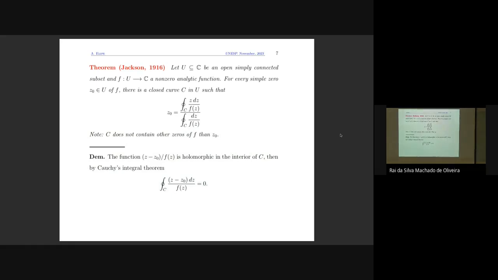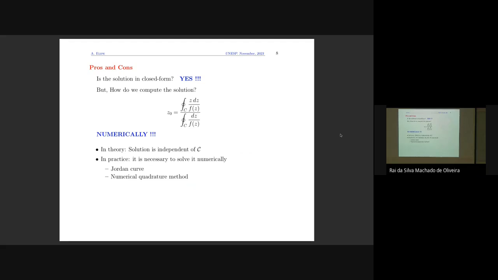This is the theorem that I just explained, that we compute the zero of the function f as the quotient between these two line integrals. As I have mentioned, this is a very nice formula. The formula is in closed form, but in practice, we have to do that.